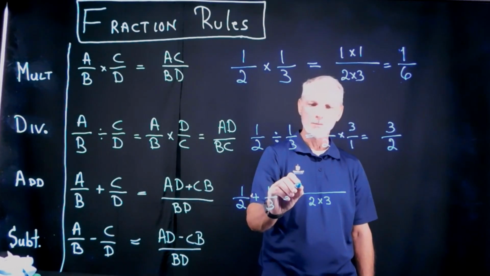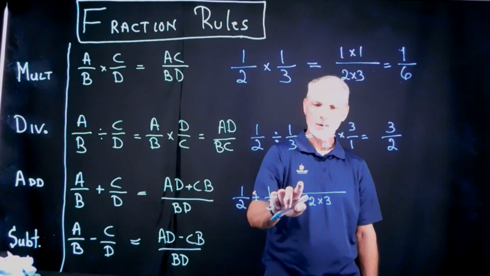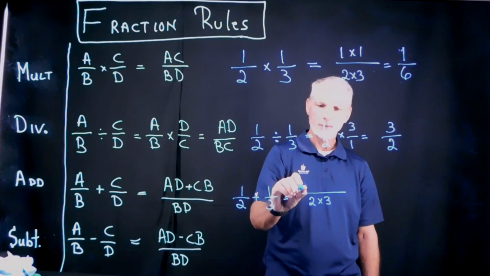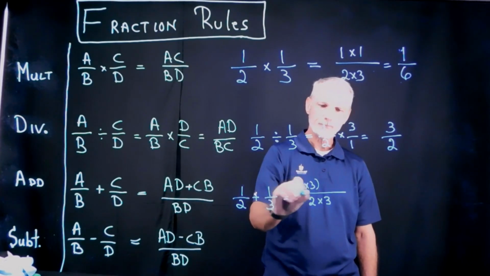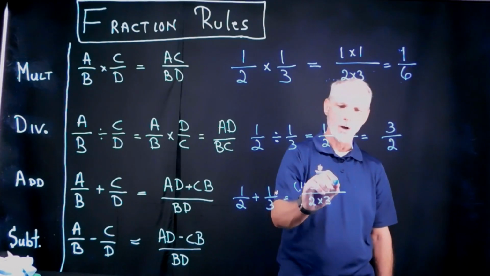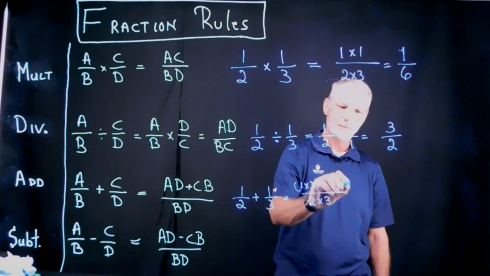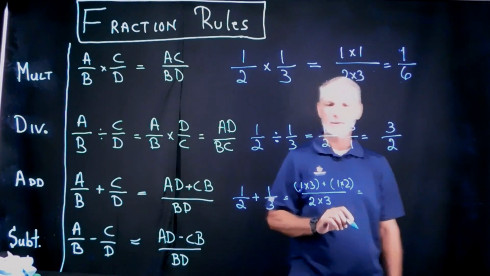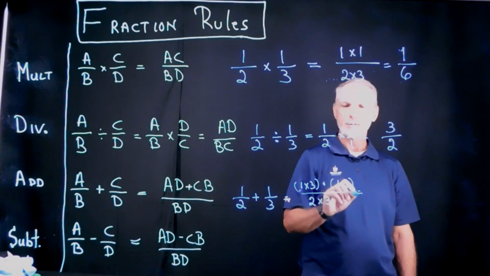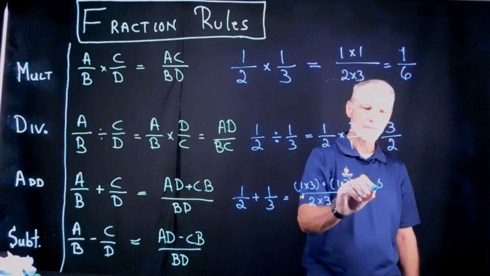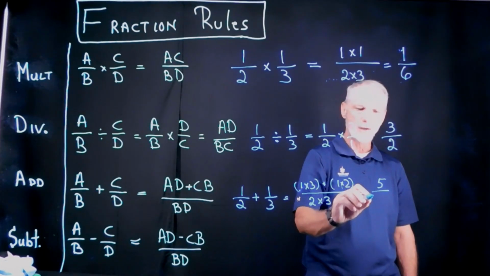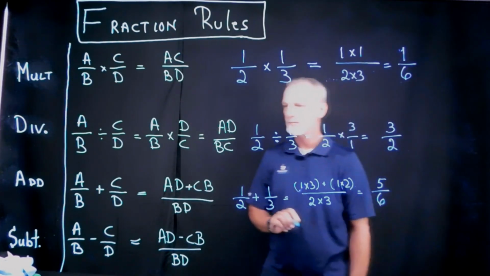So we have 1 times 3 plus 1 times 2. Doing the arithmetic, we get 3 plus 2 in the numerator, which is 5. And then we get 2 times 3, which is 6, so 5/6.